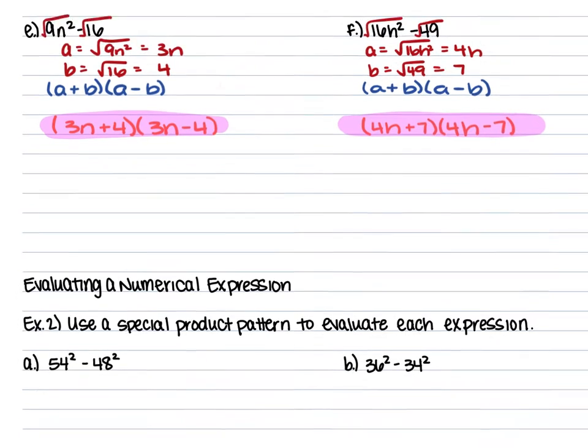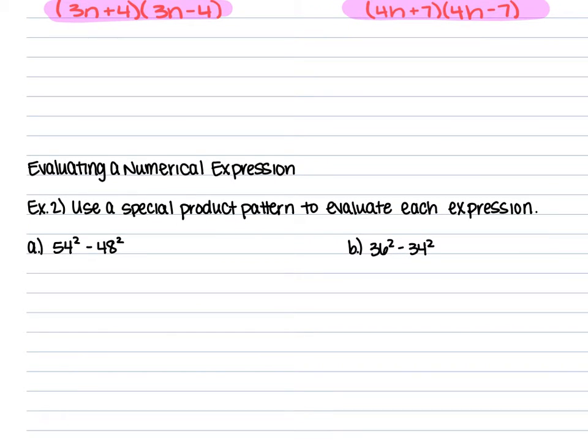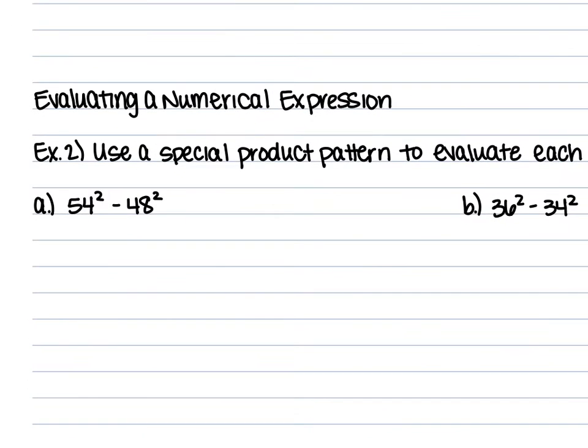In example 2, we're evaluating numerical expressions using the pattern of a difference of squares. If we look at example A, we are given 54 squared minus 48 squared. Now, if you look at these, you could take the square root of both of these, and the sign in between them is subtraction. So our A is going to be the square root of 54 squared, which just is 54.